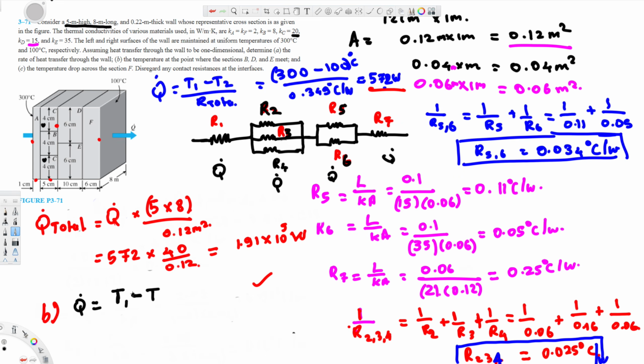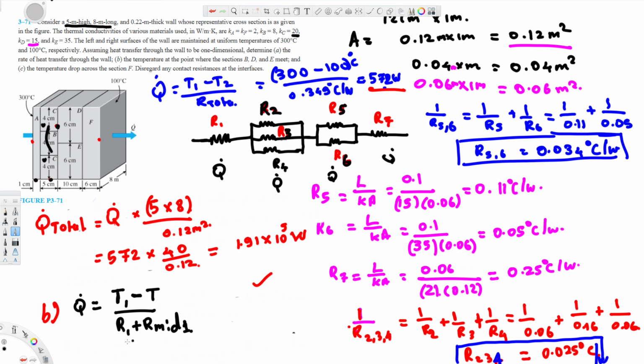That way it becomes easier. And in the bottom we are going to have these two. So this is the point we are trying to find, right? So we are going to have these two resistances. The first one is R1. The second one is going to be R mid 1. This is going to be the combination of all three. So R1 plus R mid 1, right?